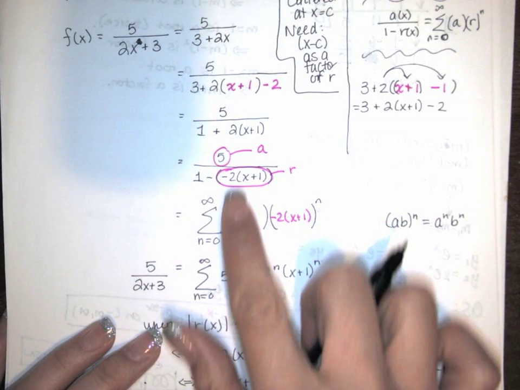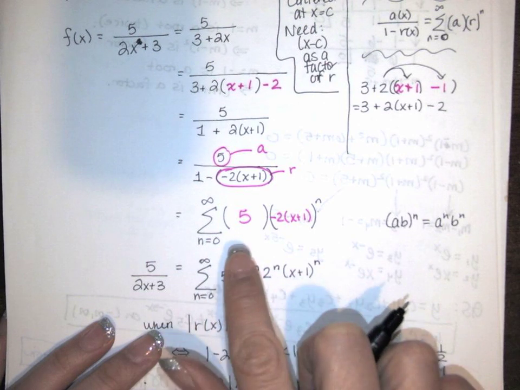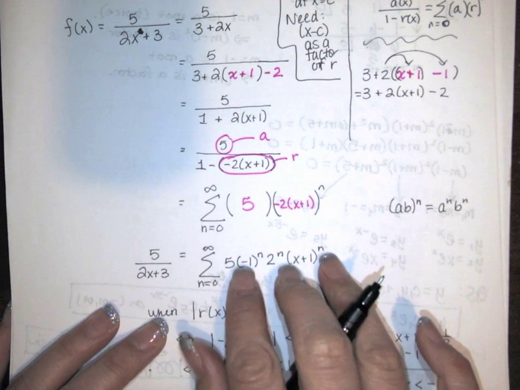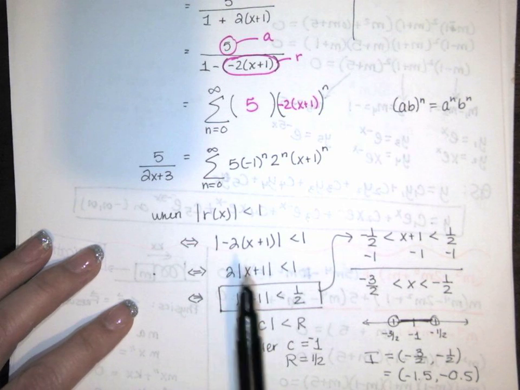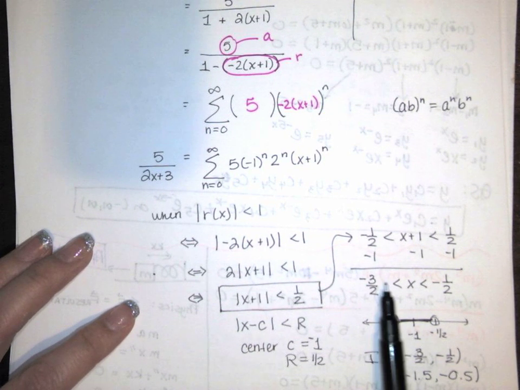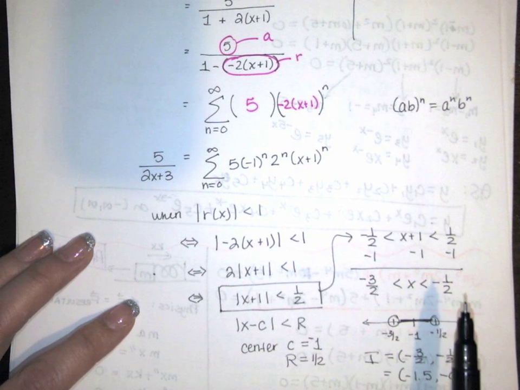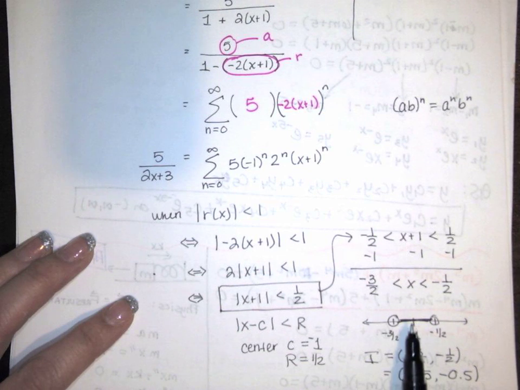You identify a and r, and write this as the sum as n goes from 0 to infinity of a times r to the n, do some algebra, and then to find out where it converges, you just set the absolute value of r of x to be less than 1, and you solve for x. The radius of convergence is this minus this divided by 2, because that interval has length 2r.